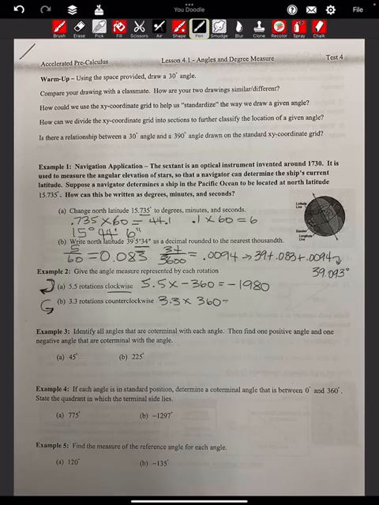You would think as you go around the circle, around the clock, if you're going clockwise, you would go positive 360. However, this is where it's a little backwards. We're actually going to go negative 360, okay? So we're going to say 5.5 times negative 360. When we do that, we're going to wind up with negative 1,980.